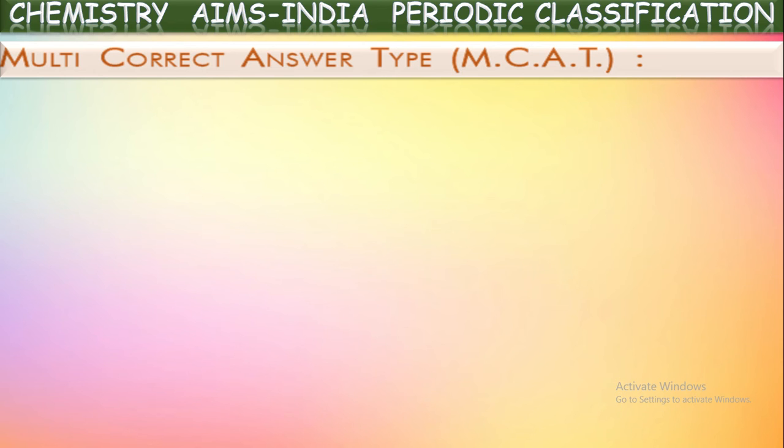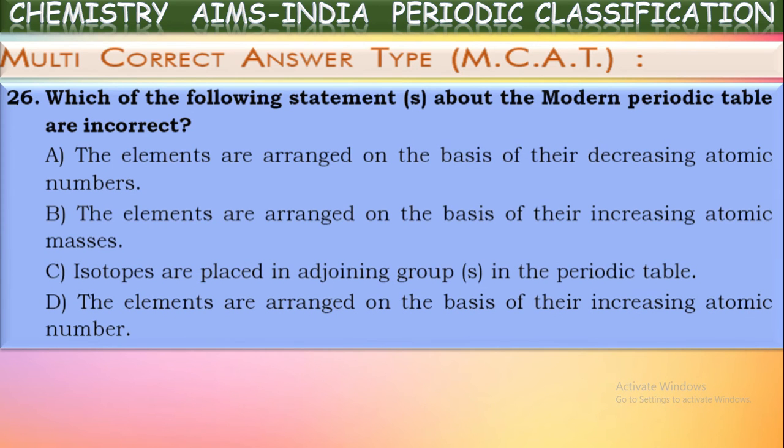See the first question. Which of the following statements about the modern periodic table are incorrect? They're asking to find out the statements which are not correct regarding the modern periodic table. We know in the modern periodic table, elements are arranged in the increasing order of their atomic numbers.